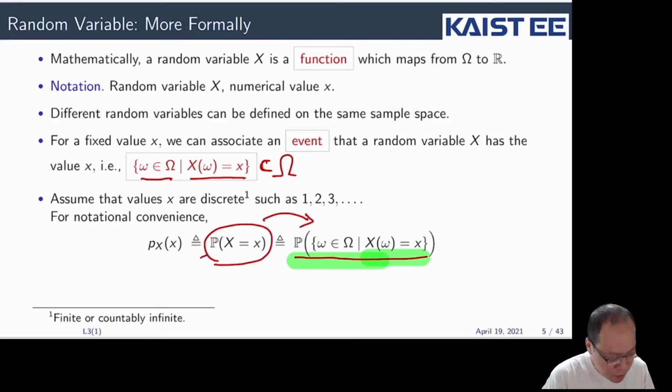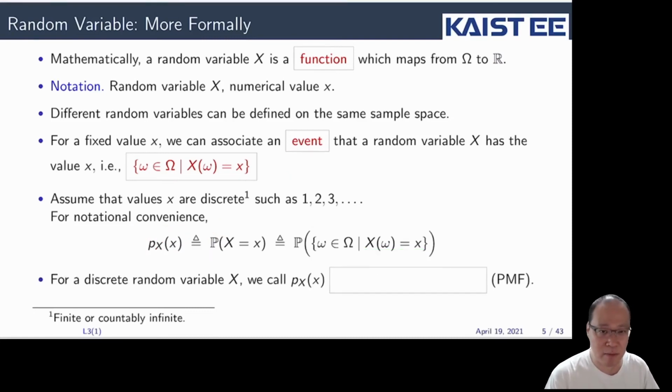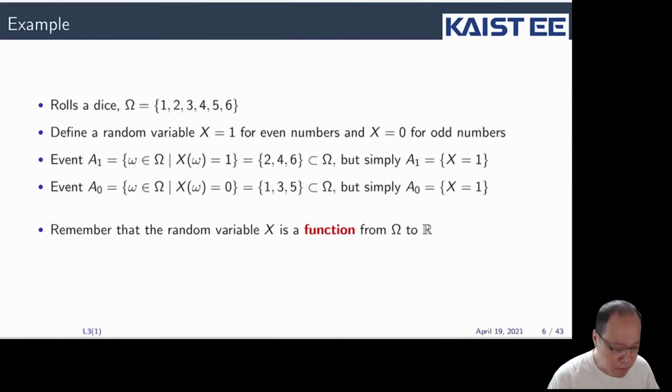We even use the shorter notation p_X of x, where the subscript X is the random variable capital X, and this x is a small value of X. Throughout this course, we often use this notation, but sometimes we use the other notation. For a discrete random variable X, we call p_X of x the probability mass function, in short, PMF.